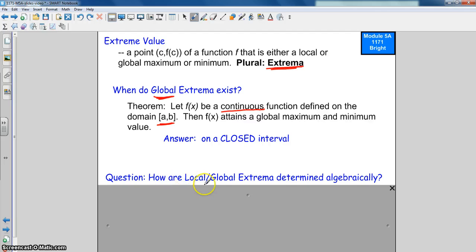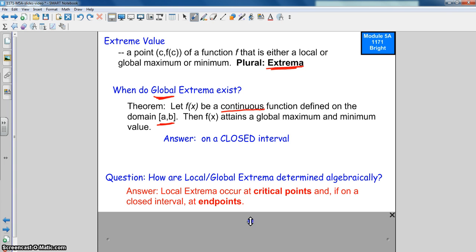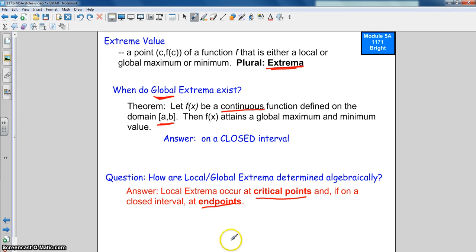On the previous slide, we went through how to do it graphically. In the next video, we're going to talk about the first derivative test, which allows us to do this. As I mentioned, extrema occur at critical points, and if we're on a closed interval, at endpoints. In the next video, we'll explore how to do this in more depth.